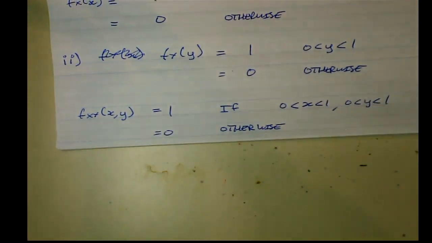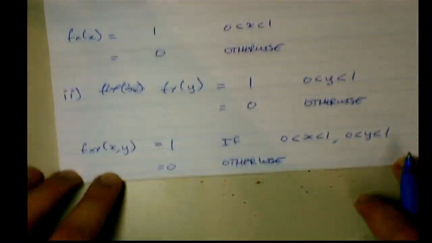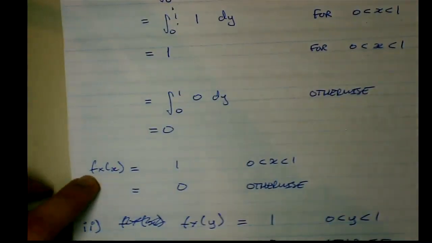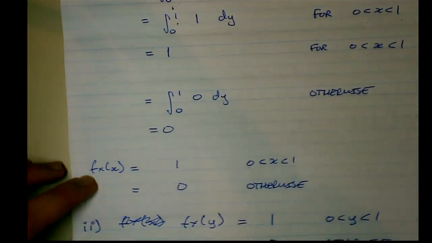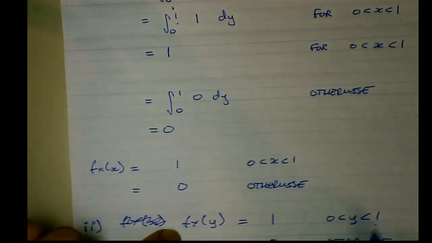Alright, so what about f of y times f of x? Well, f of x is 1 when x is between 0 and 1, and 0 otherwise. f of y is 1 for y between 0 and 1, and 0 otherwise.